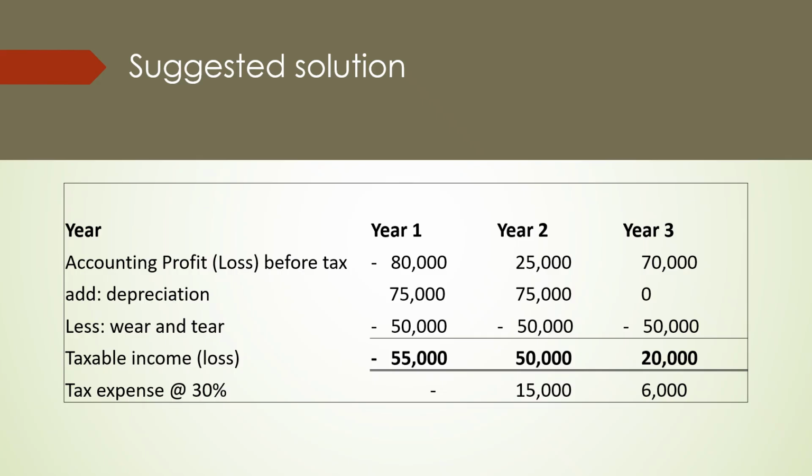Looking at this scenario, we can clearly see that where assessed losses are not allowed to be carried forward, our tax liability will be more than when the assessed losses are allowed as a deduction against future profits.